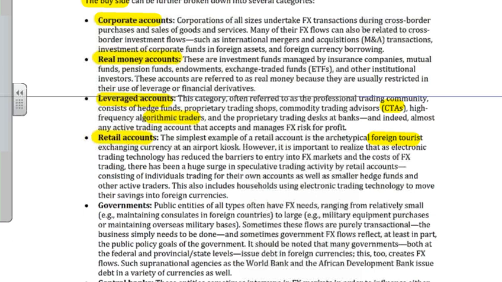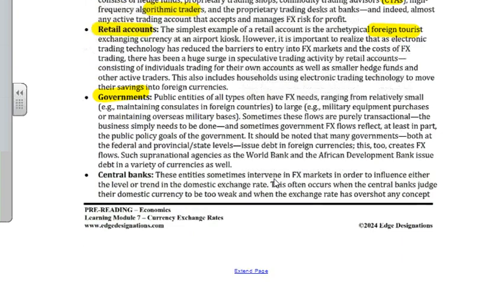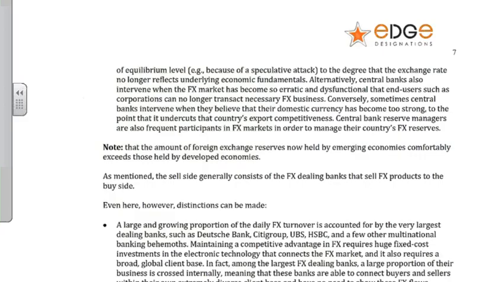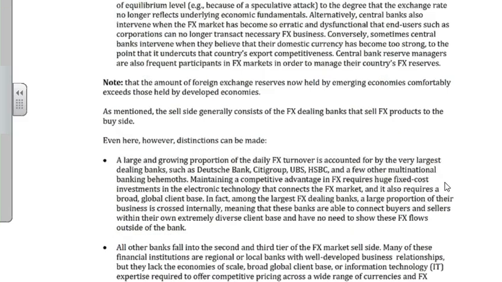Governments as well may enter into the foreign exchange markets to buy currency. Central banks as well, in order to try and influence the level of the exchange rate. They may get involved in the market as well. Okay, and there we go. Now we have a look. Just a note while we are here.